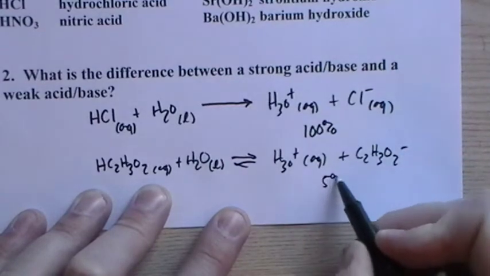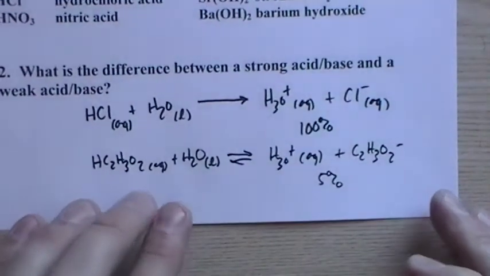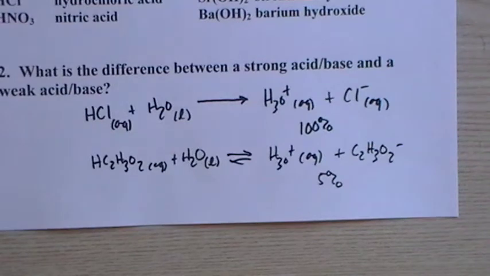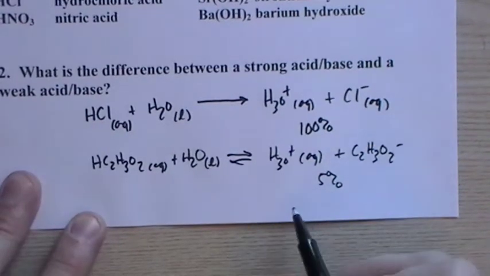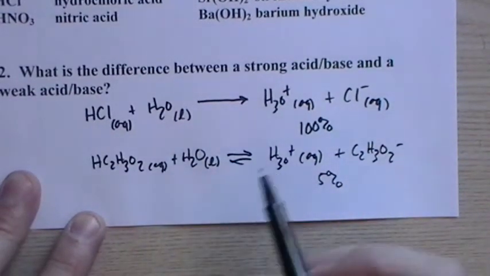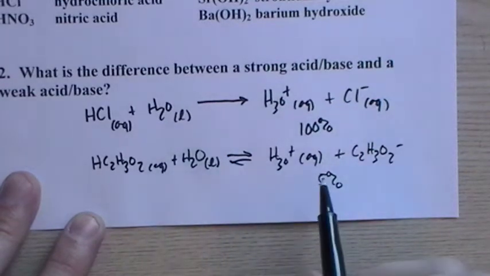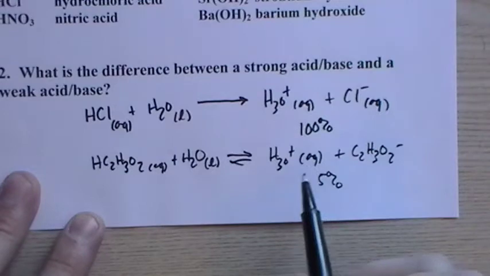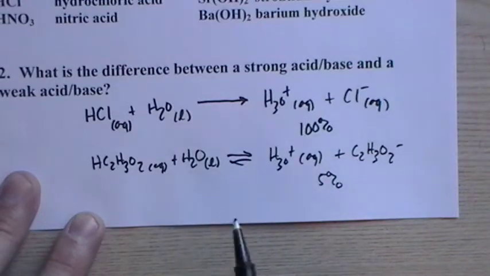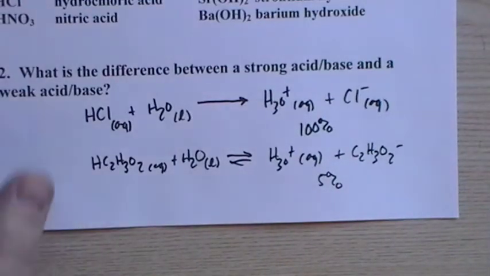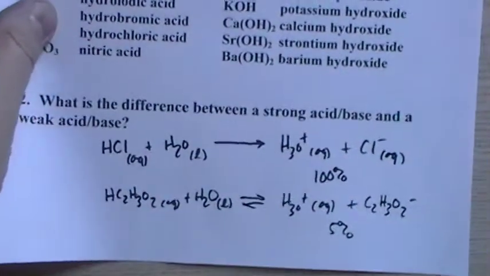But this is only about 5% at room temperature. I think it's like 4.7%, something like that, but a small amount. The same applies to strong bases. Strong bases dissociate 100%. They ionize 100%. A weak base only ionizes partially. So that's the difference between the two.